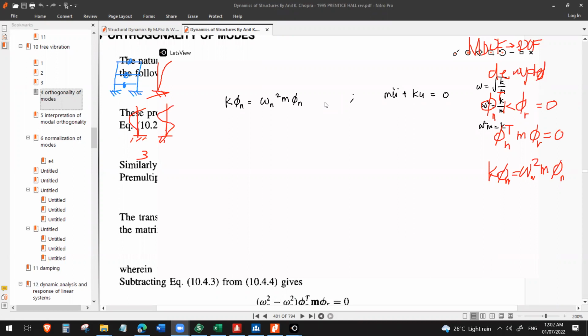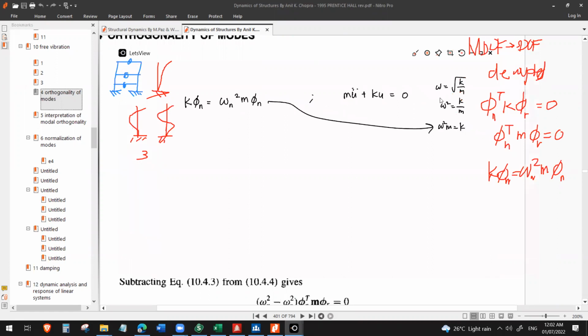Okay, this one. You remember, frequency omega is equal to the square root of k over m? So omega square m is equal to k. And so multiply both sides of the equation by phi n, you'll have this. Okay, next.